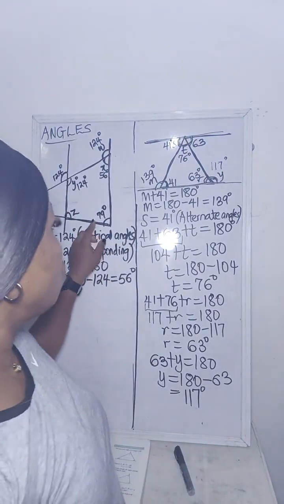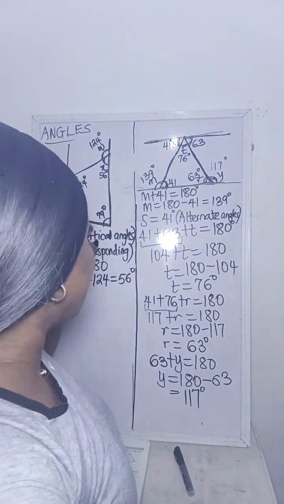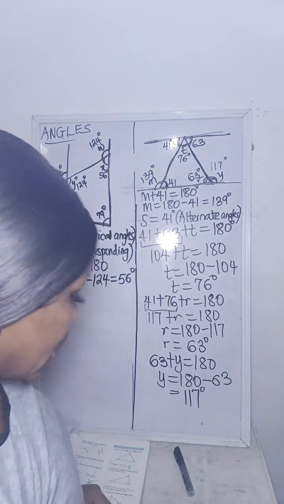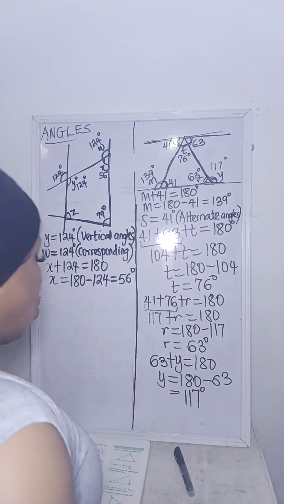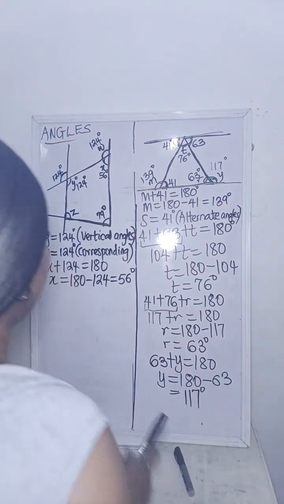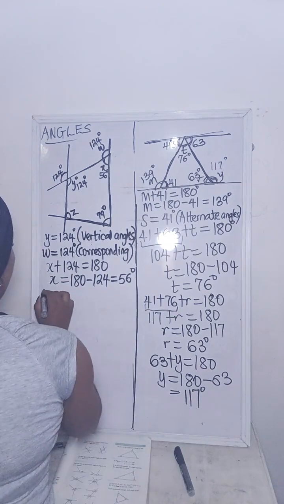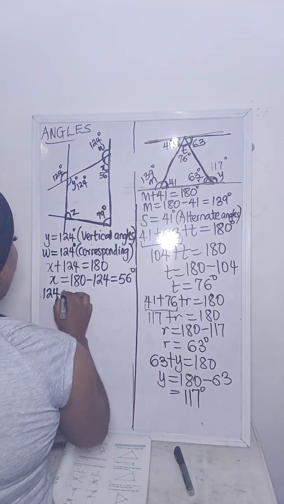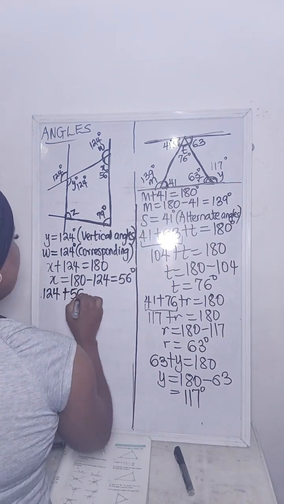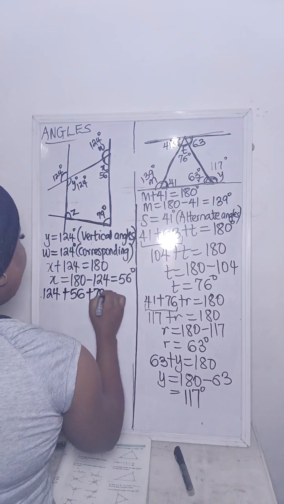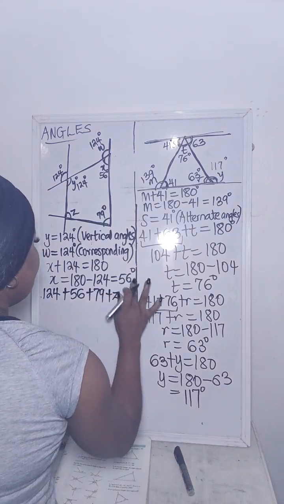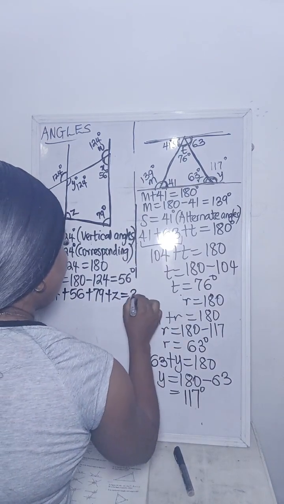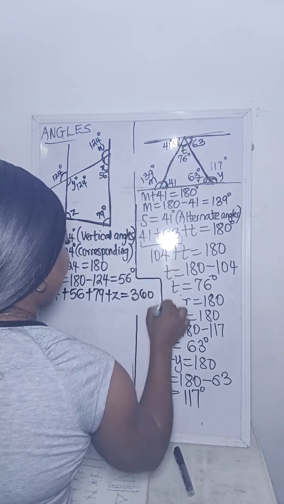So for us to work out our value for z, we have to sum up everything and equate it to 360 degrees. So let's work it out. This is 124 plus 56 plus 79 plus z equals 360 degrees.